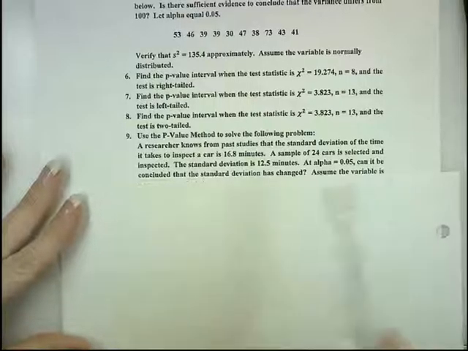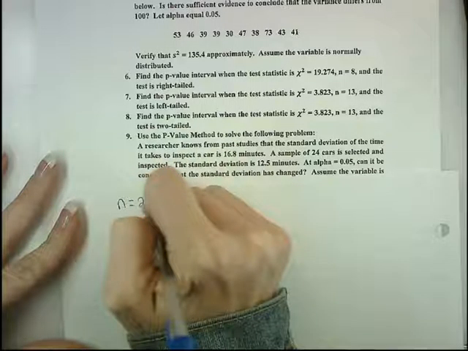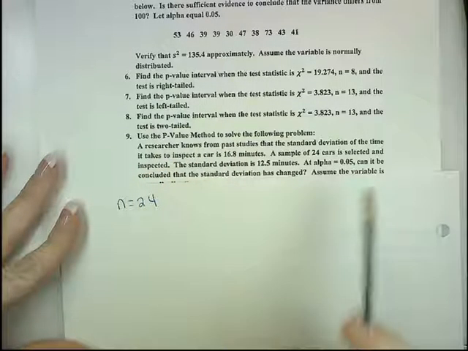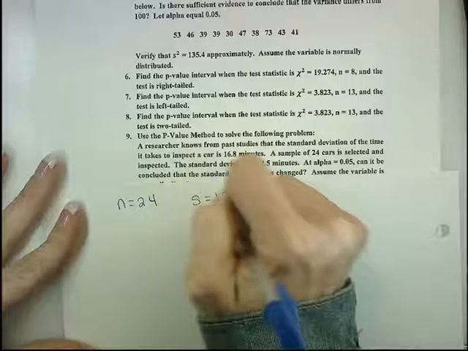A researcher knows from past studies that the standard deviation of the time it takes to inspect a car is 16.8 minutes. In a sample of 24 cars that was selected and inspected, the standard deviation S turned out to be 12.5 minutes.